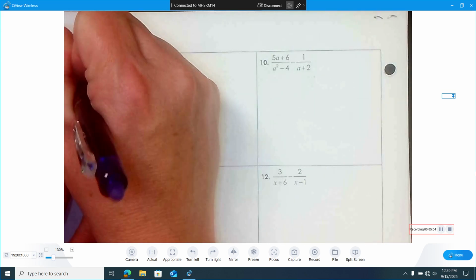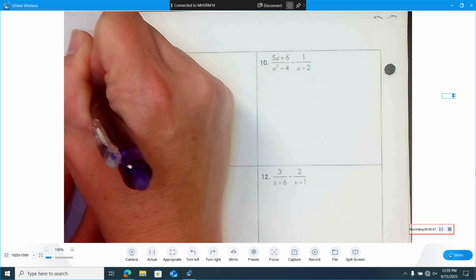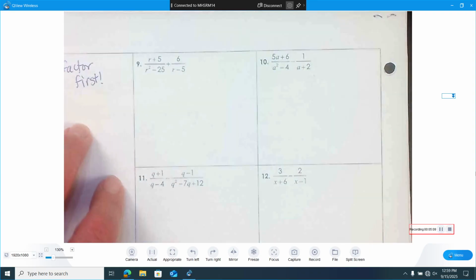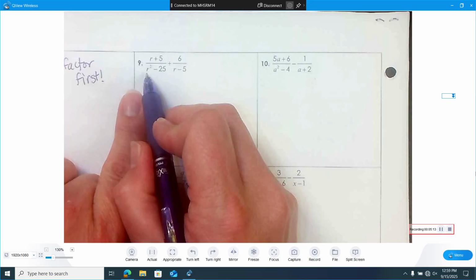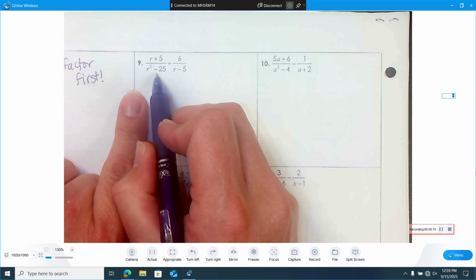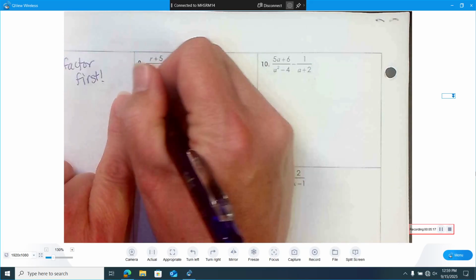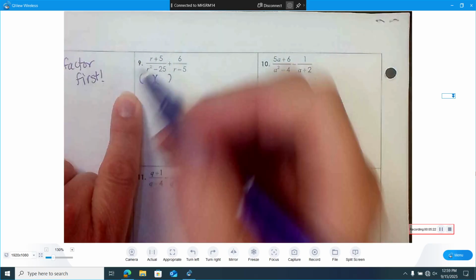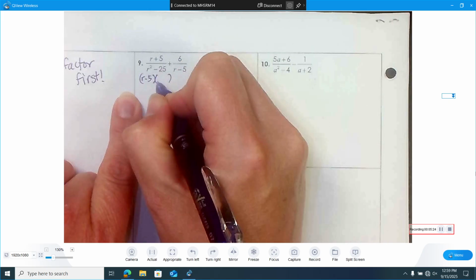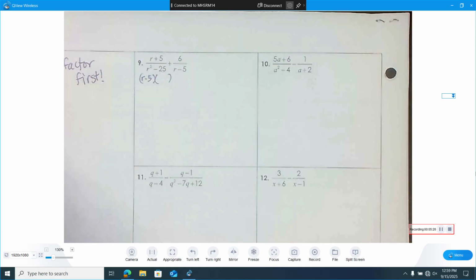Factor first. And by factor first, I really care about those denominators. So right here we have r squared minus 25. How does that factor? R minus 25, almost. Yeah, there we go. R minus 5 and R plus 5.